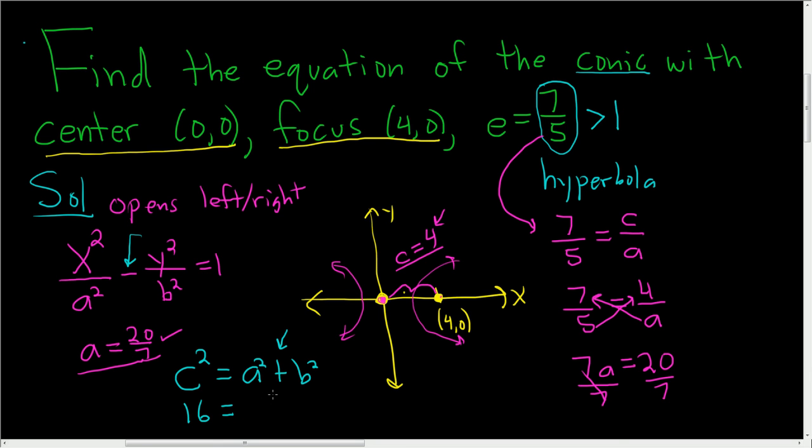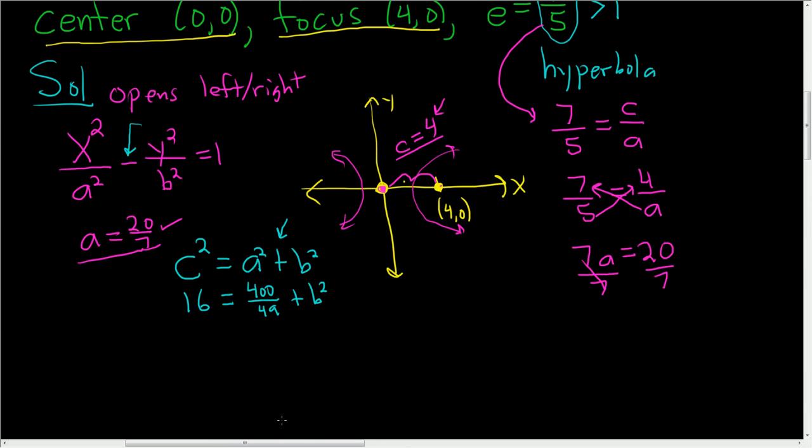Well, we're squaring the 20, so that's 400, and squaring the 7, we get 49, and then plus b squared. Okay, we're going to subtract this number, 400 over 49, from both sides. So b squared is equal to 16 minus 400 over 49.